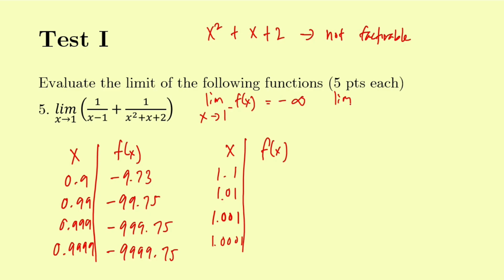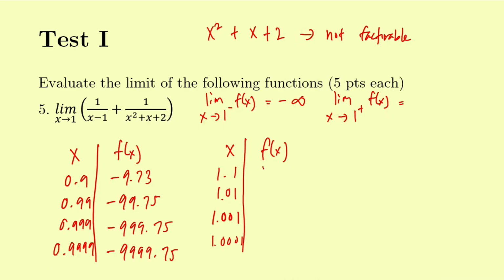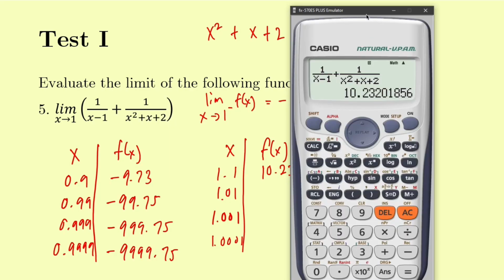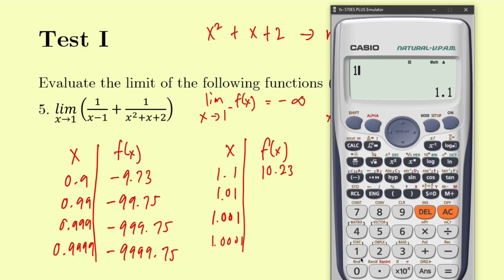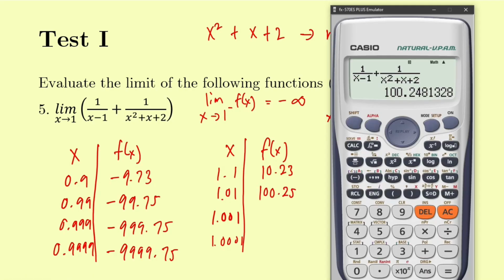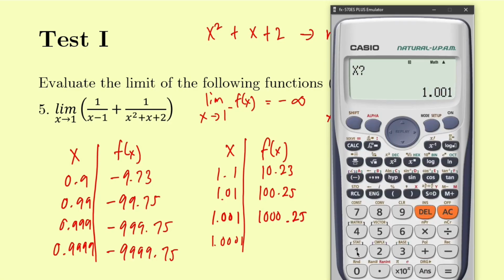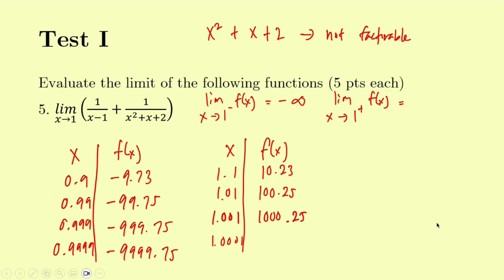Let's find the limit of f of x as x approaches 1 from the right side by evaluating 1.1, 1.01, and so on. 10.23, 100.25, 1000.25, and 10,000.25.